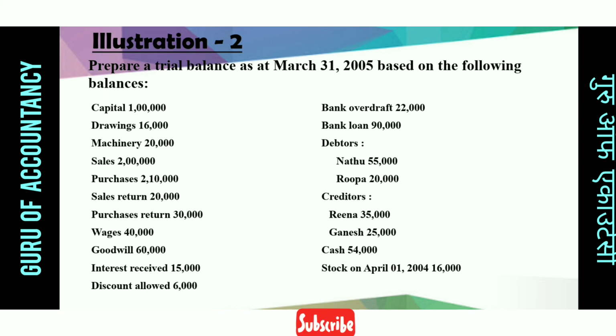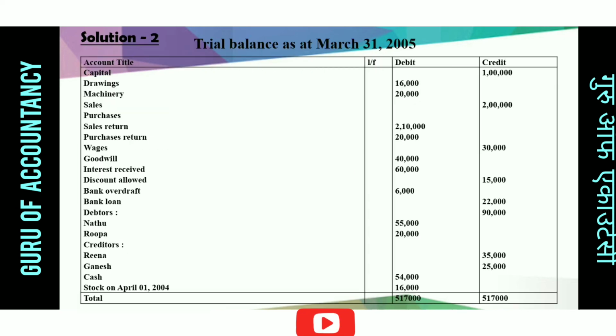So these are the different accounts. I discussed the balance. Once again I repeat, all the assets have debit balance, all the liabilities have credit balance, expenses have debit balance, capital has credit balance, and all the incomes have credit balance. So you have to remember this and easily you can prepare trial balance.